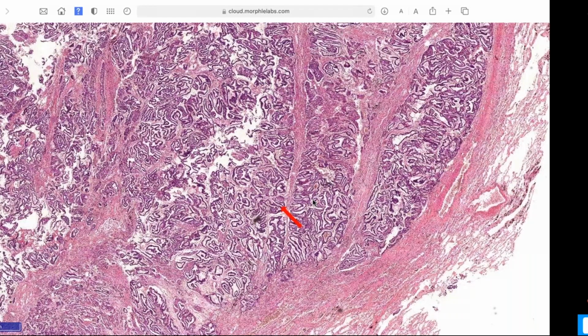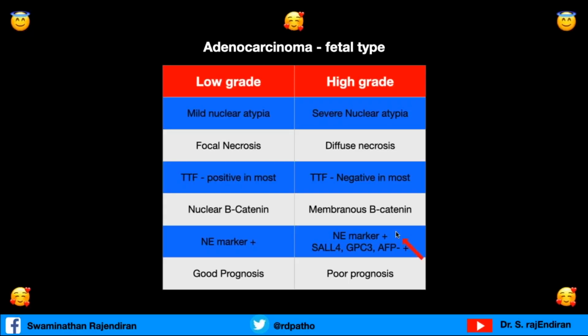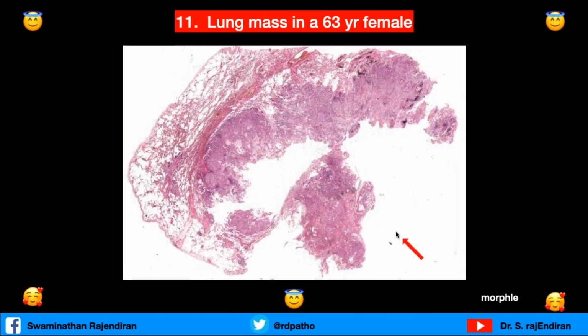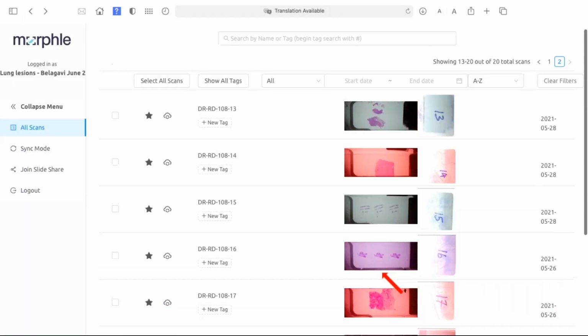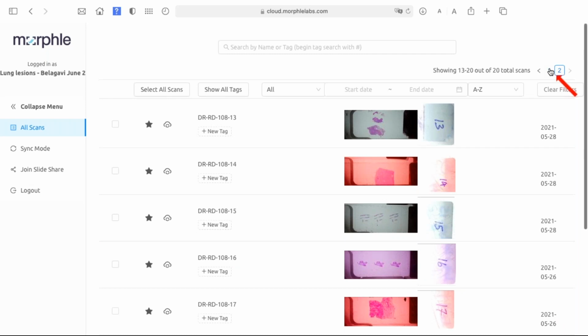Good. So let us go to the next case. Case number 11, lung mass in a 63-year-old female. Case number 11 should be in page 1.